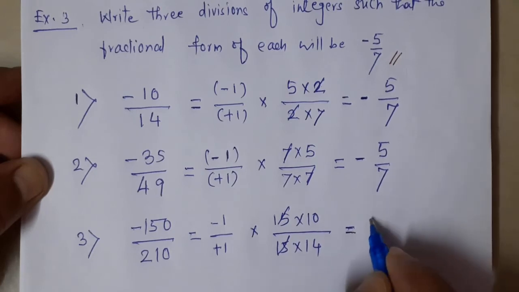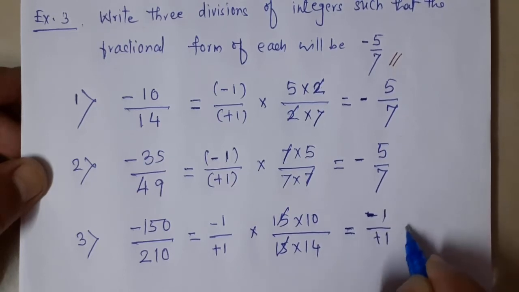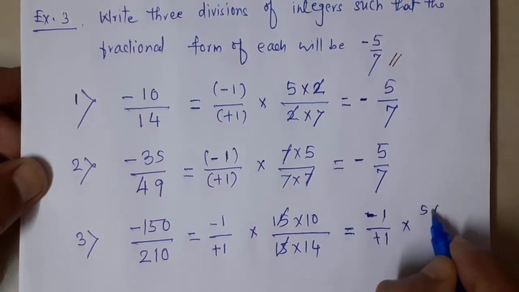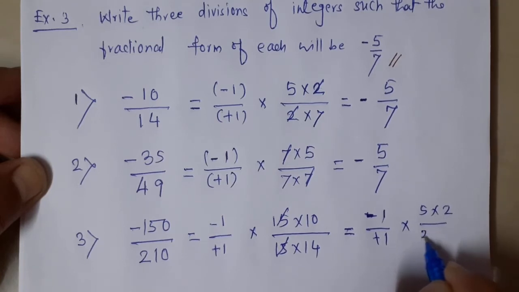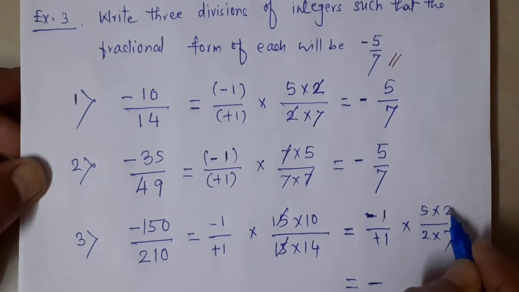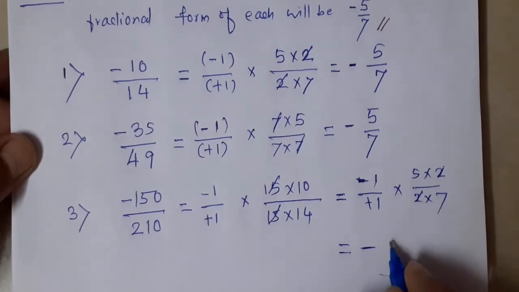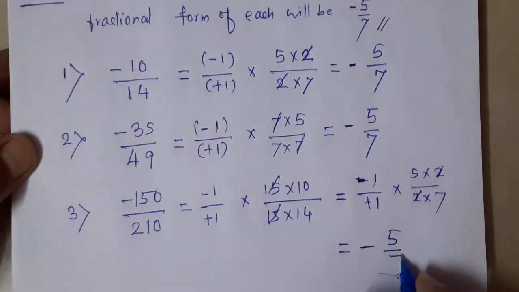Again, this can be simplified as minus 1 divided by plus 1 multiplied by 5 by 2 and 2 by 7. The result is what? This is negative, 2 is common, and this is 5 by 7.